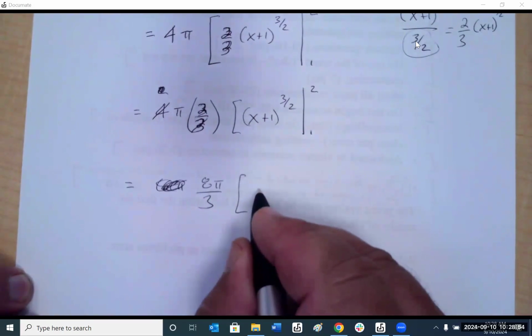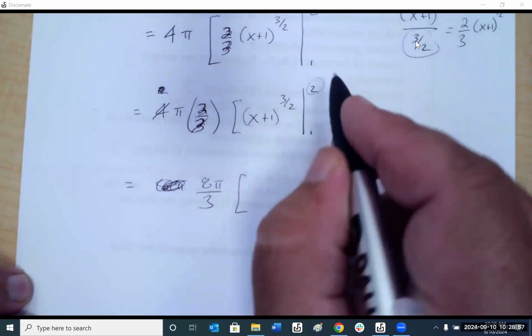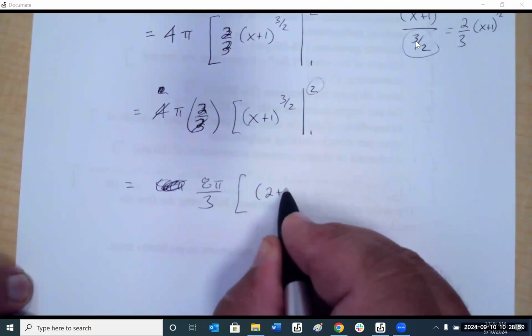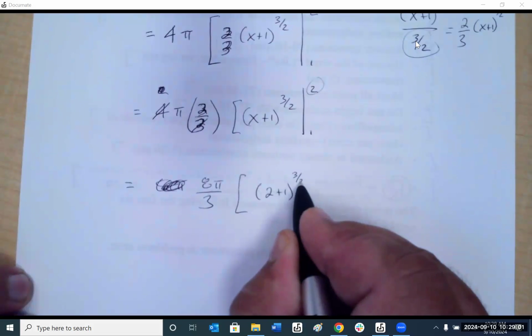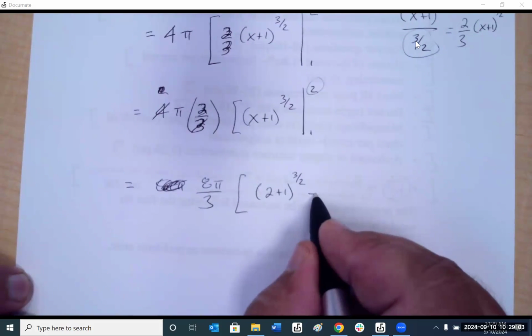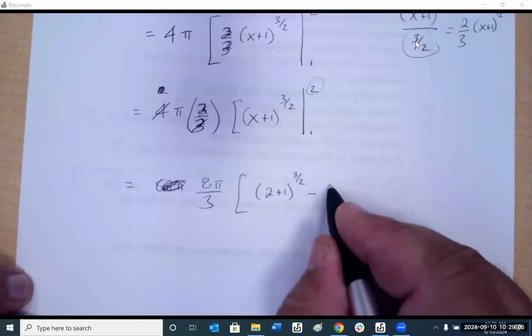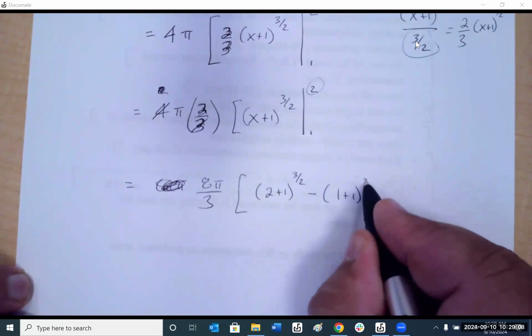plug in 2 plus 1 to the 3 halves minus 1 plus 1 to the 3 halves.